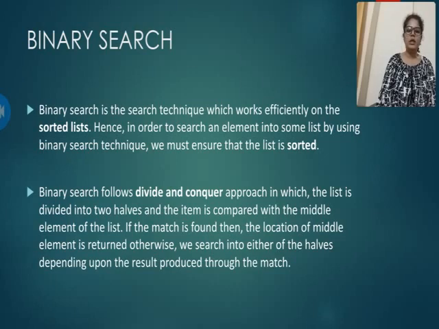So one of the main conditions of the binary search algorithm is that the list must be in sorted form. Only after that can we apply binary search. So this is a very costly algorithm, because if the list is not sorted, first we have to apply a sorting algorithm on the list to arrange it in a particular order.